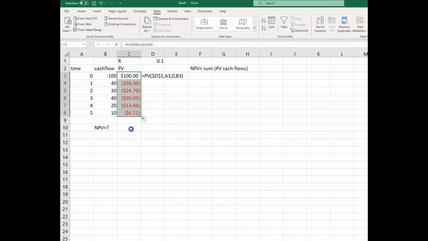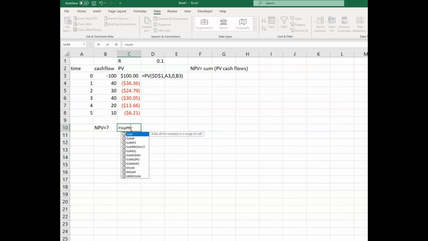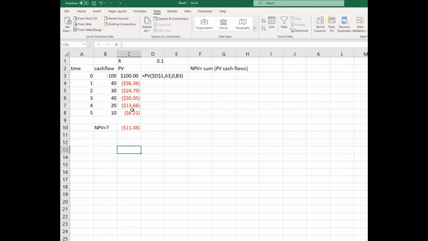The total summation will be our NPV. Actually, this should be positive because we have opposite signs. So this is what I call method 1.